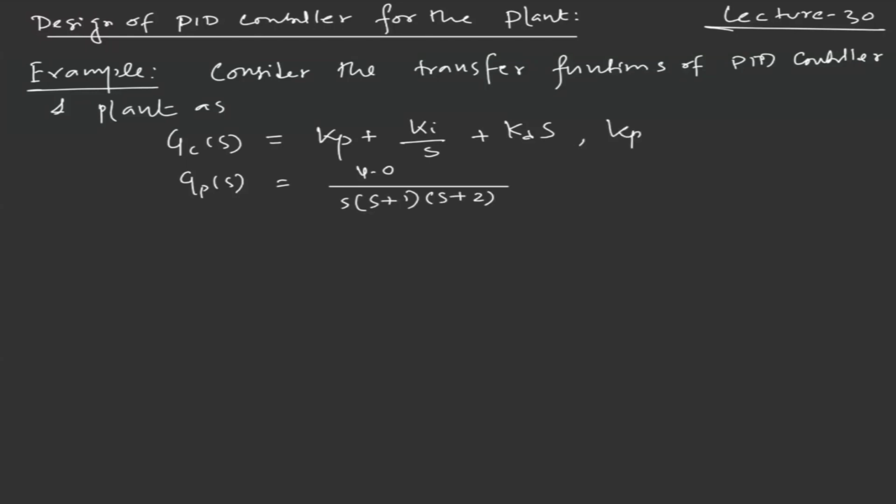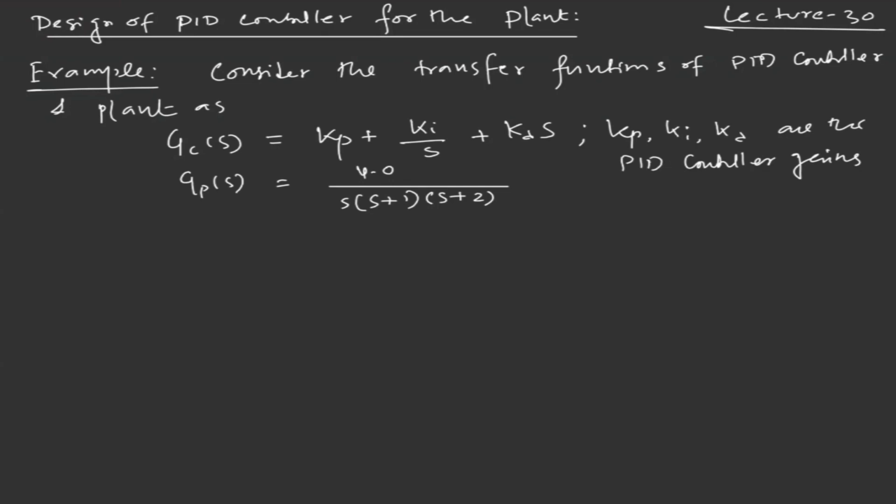Here Kp, Ki, and Kd are the PID controller gains. The plant only has poles at s equal to 0, s equal to -1, and s equal to -2. There is no zero in the system, only poles.